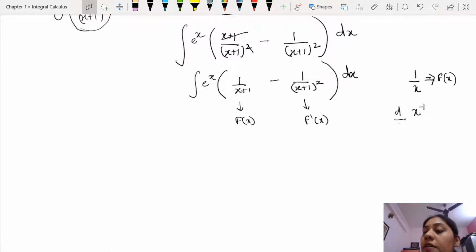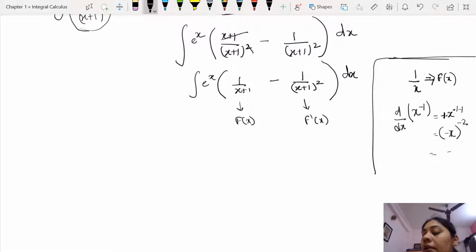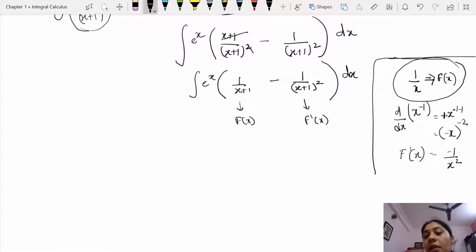When I differentiate this function d by dx, it becomes minus 1 into x power minus 2, which I can write as minus 1 by x square. So if f of x is 1 by x, f dash of x is minus 1 by x square. That's exactly what I have here.